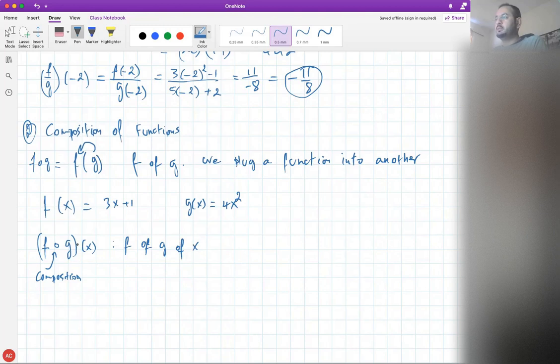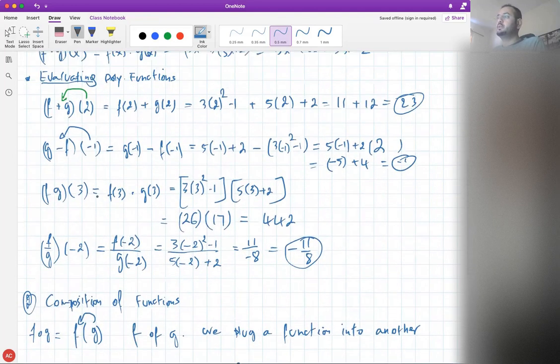Again, this does not mean times x. It just means that's the variable that they both have. So f of g of x, or we can say f composite g. Another way of saying it, f composite g. So just a notation.